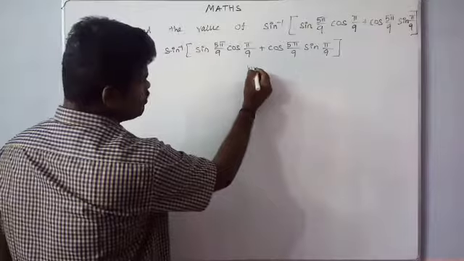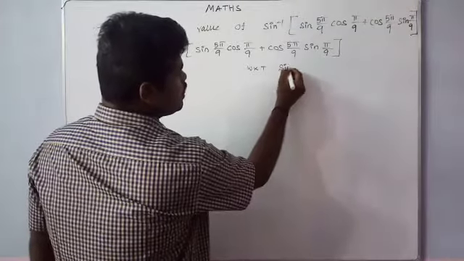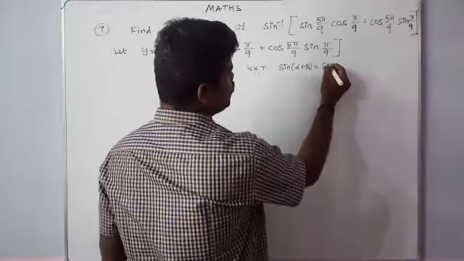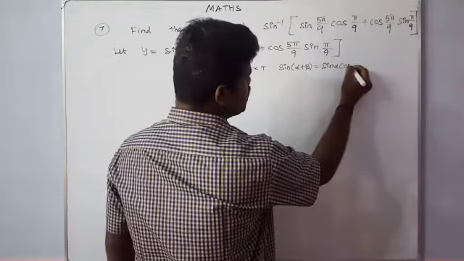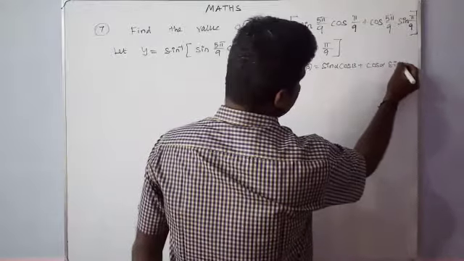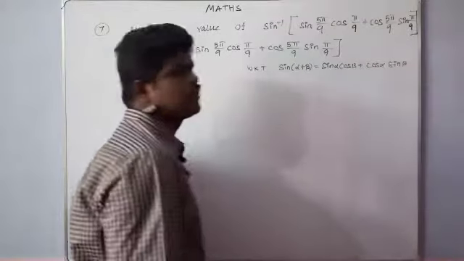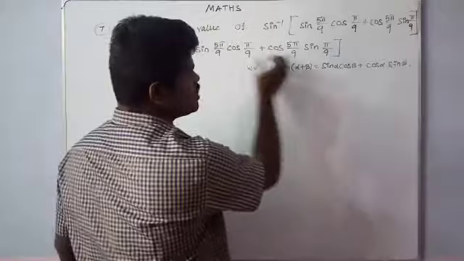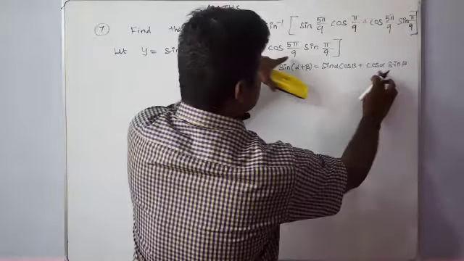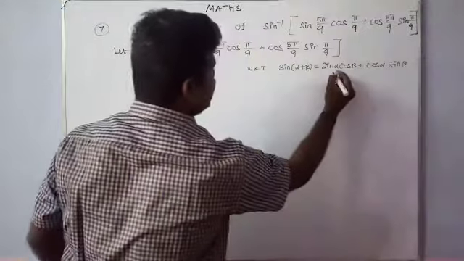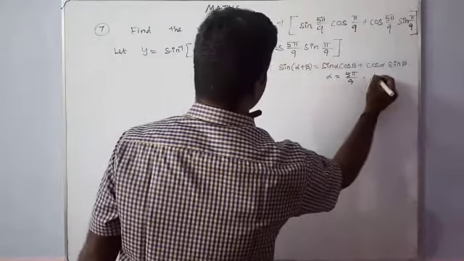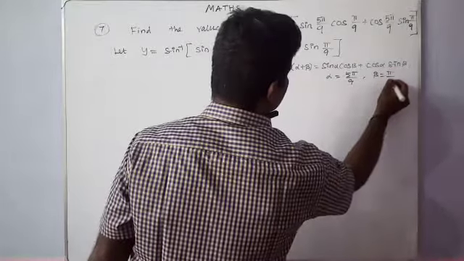Already we know the formula. What is the formula? Sin of alpha plus beta is equal to sin alpha cos beta plus cos alpha sin beta, right? Consider this term as sin alpha cos beta plus cos alpha sin beta. Here alpha is equal to 5 pi by 9, beta is equal to pi by 9.